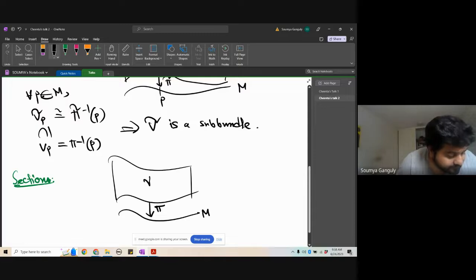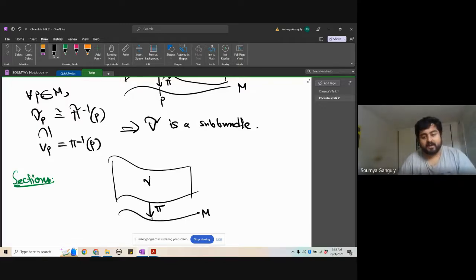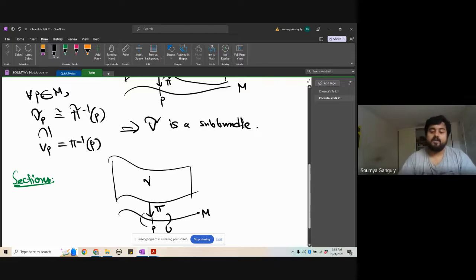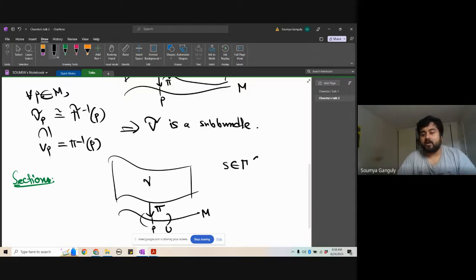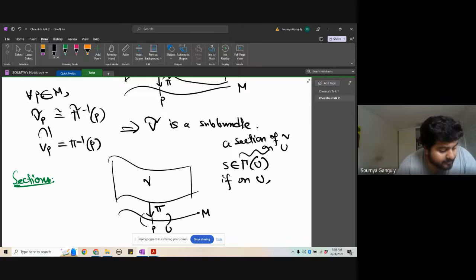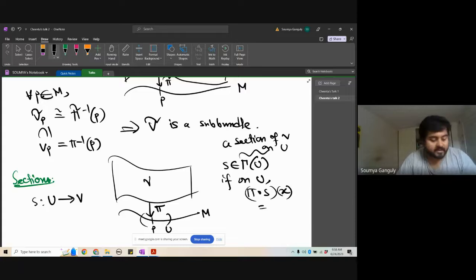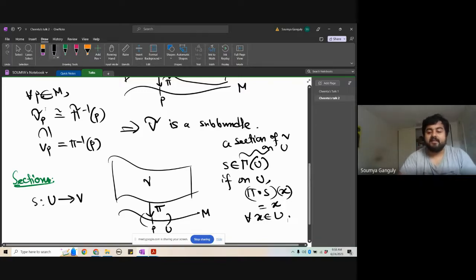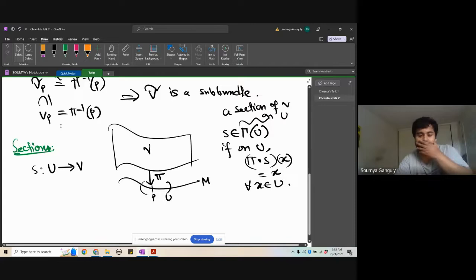A section: suppose you have a point P and an open set U. So S is a section of V on U if S is a map from U to the vector bundle V such that pi composed with S of X is equal to X for all X in U, which means that it is really like a right inverse to the map pi.